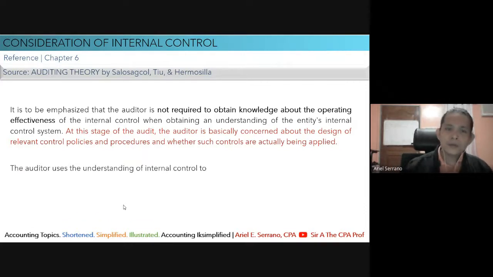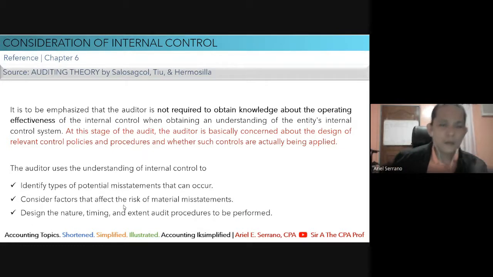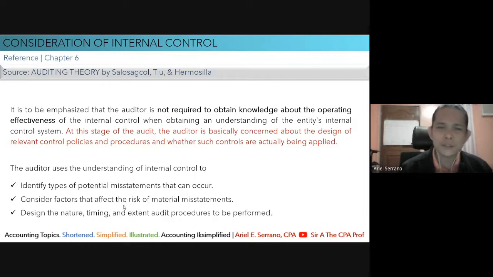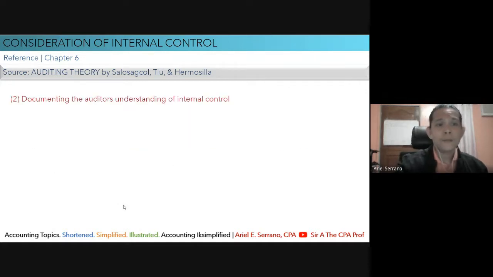Now, the auditor uses the understanding of internal control to first, identify types of potential misstatements that may occur. Pangalawa, consider factors that affect the risk of material misstatements. At pangatlo, to design the NTE, nature, timing, and extent of audit procedures na ipe-perform natin. So, ganyan po natin mapapakinabangan yung pag-understand ng internal controls.